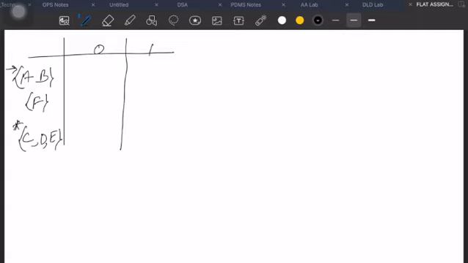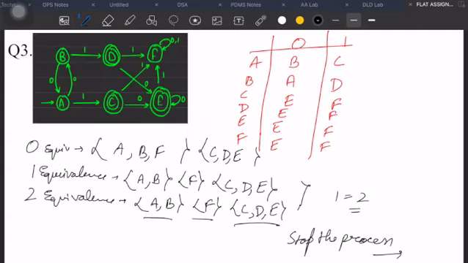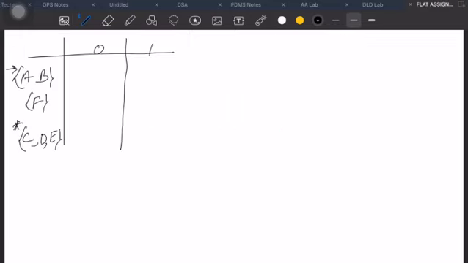On getting input 0, A, B is going to AB, which is in the same set, so we write AB.